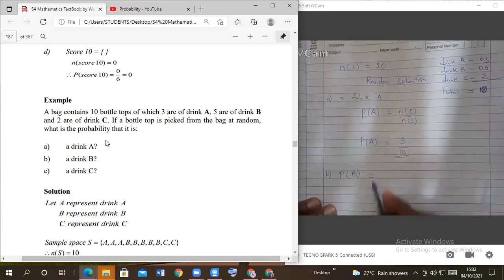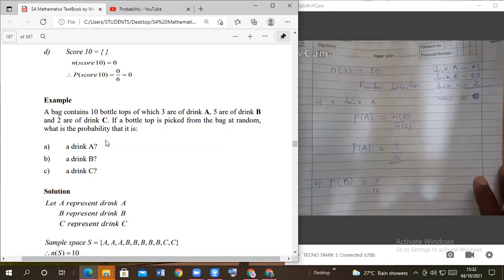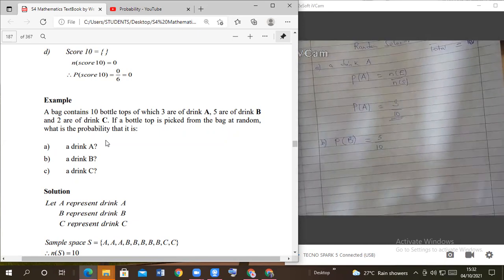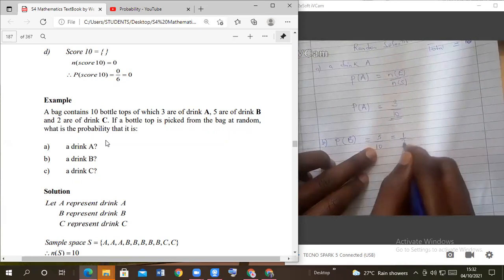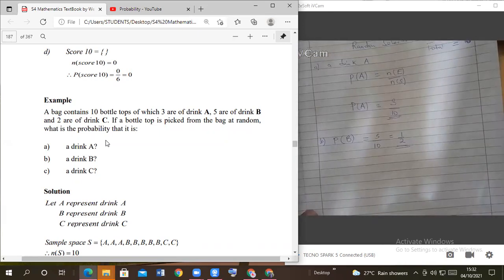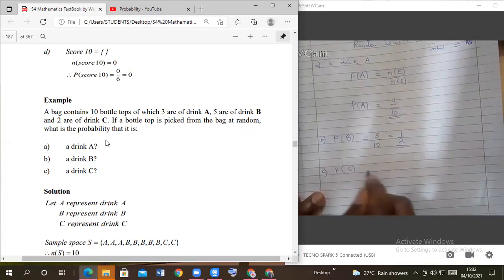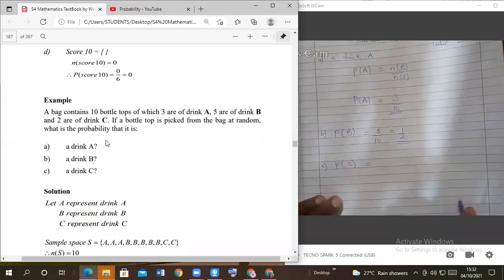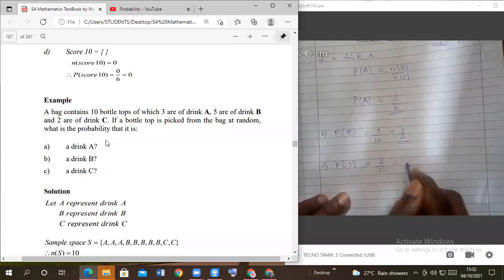It will be 5 out of 10. Because there are 5 samples, which is the same as a half. What about for C? 2 out of 10, which is 1 out of 5. Good.